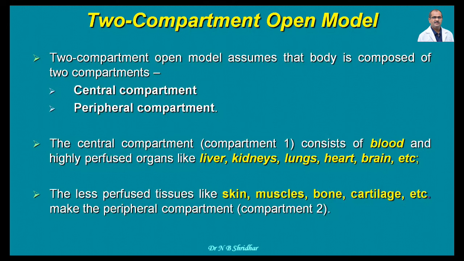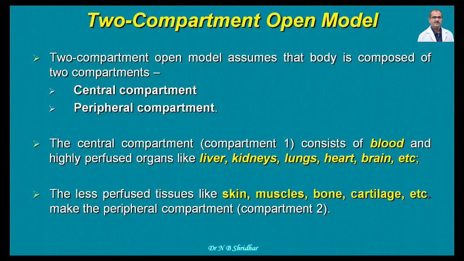The first compartment, or compartment 1, in the two compartment open model includes highly perfused organs, meaning the organs to which a high quantity of blood is circulated. Example: the liver, the kidneys, the lungs, the heart and the brain. These all have high blood flow, whereas the less perfused tissues like skin, muscles, bone, cartilage, etc. make the peripheral compartment.